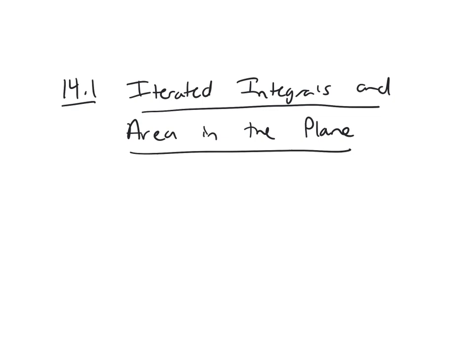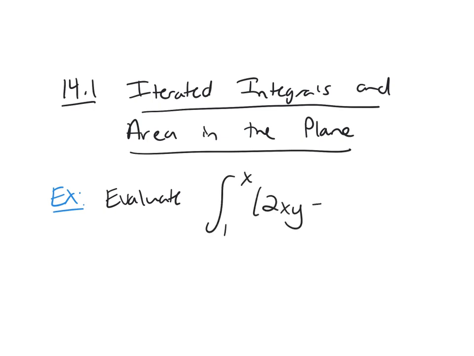So let's look at an integral, and it's one kind of similar to one I think we've seen previously. Let's evaluate the integral from 1 to x, 2xy plus 3y squared dy.